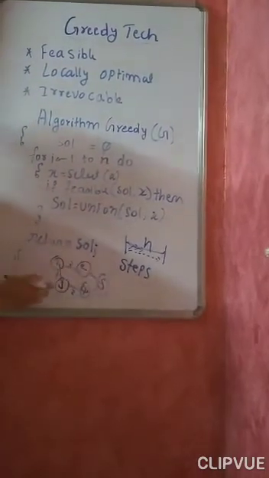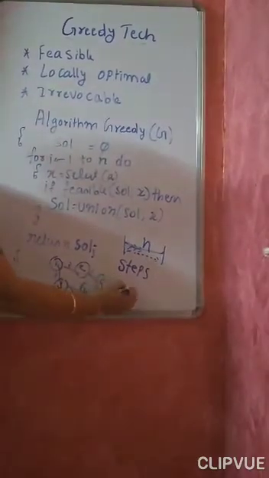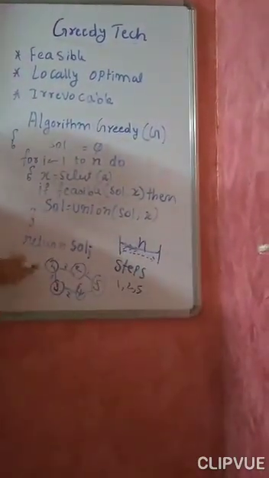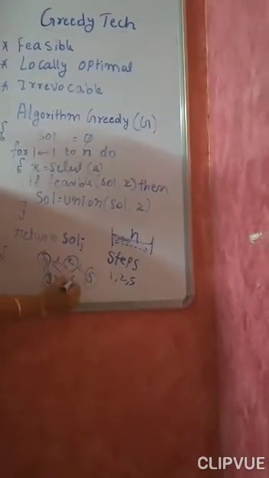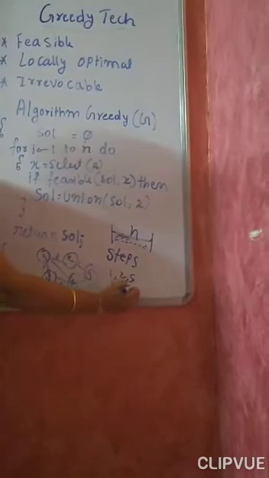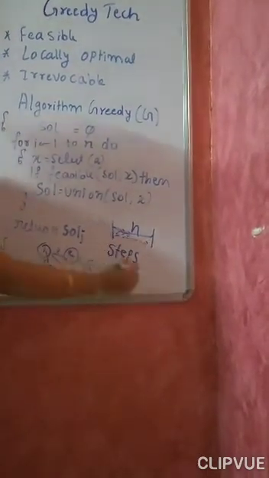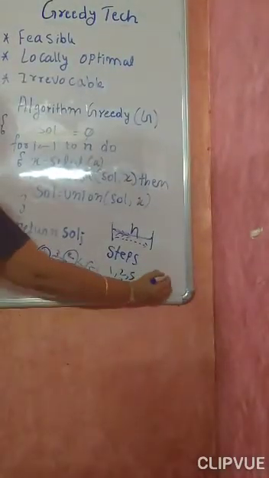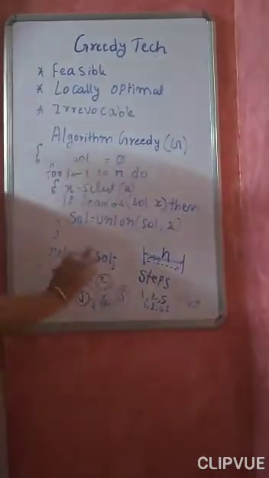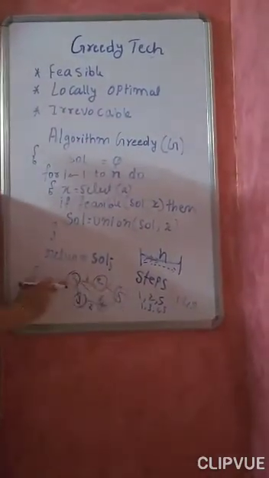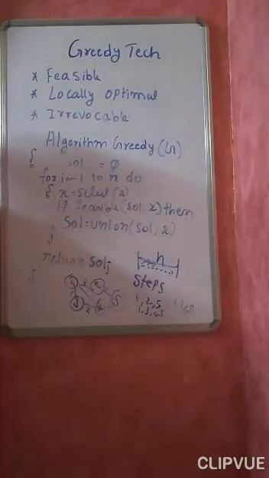There are different paths. 1, 2, 5 is one feasible solution. 1, 3, 4, 5 is one more feasible solution. 1, 4, 5 is one more. So there are 3 feasible solutions.